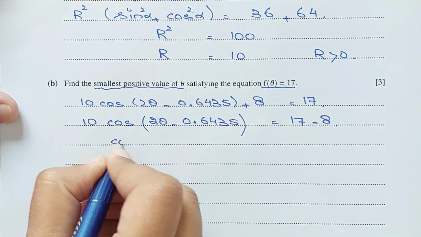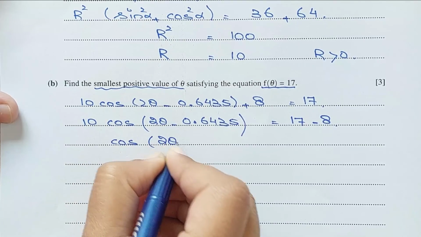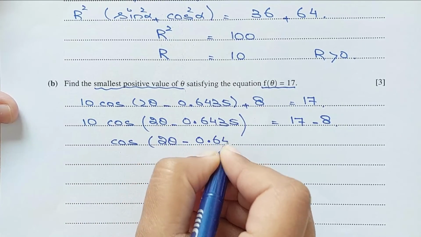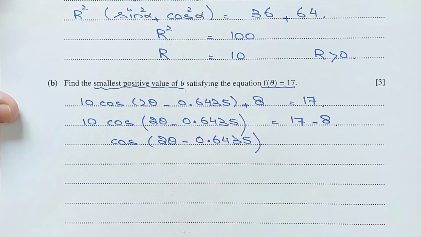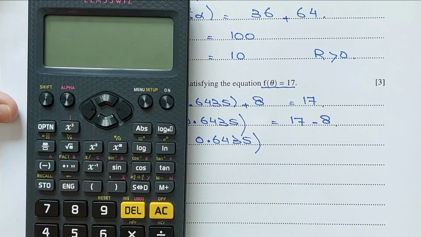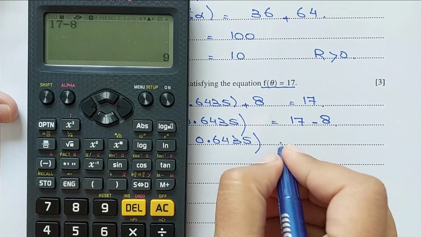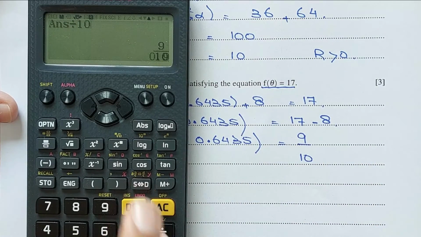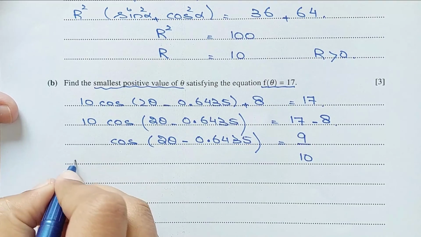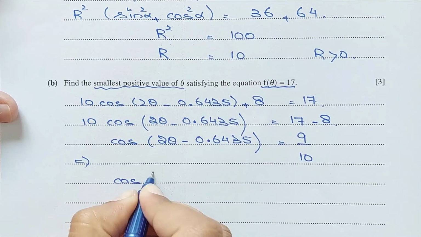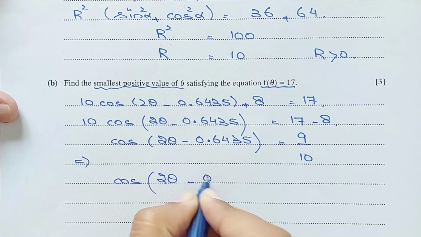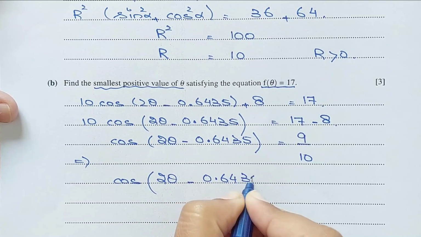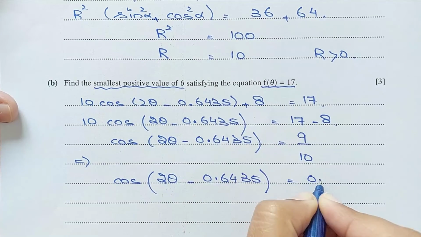So we can say cos of (2 theta minus 0.6435). 17 take away 8 is 9. 9 divided by 10 is 0.9, right? So from here, cos of (2 theta minus 0.6435) equals 0.9.